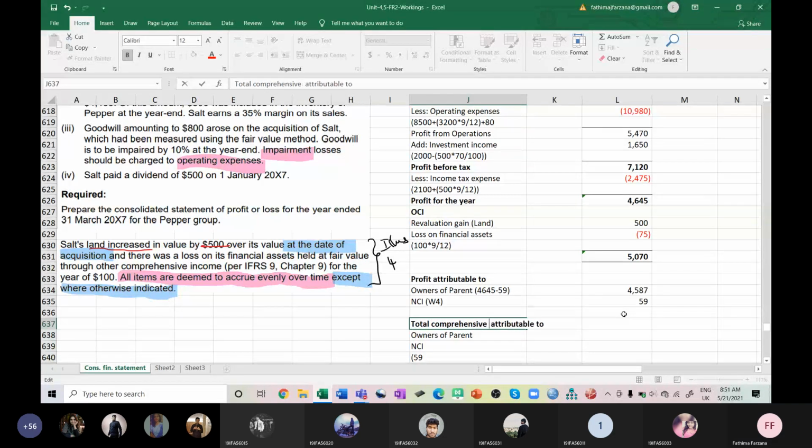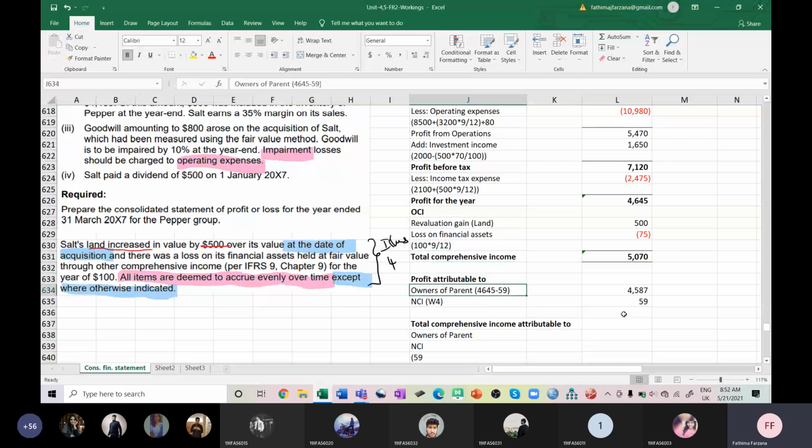Comprehensive income, because it's actually total OCI. So total comprehensive income attributable to owners of the parent and NCI.